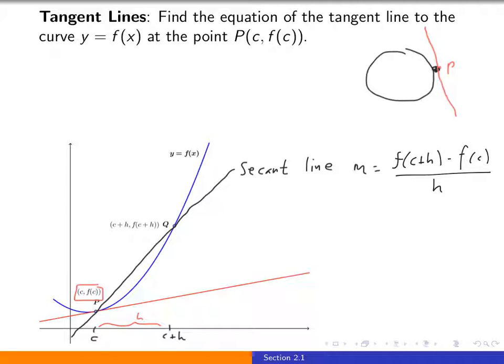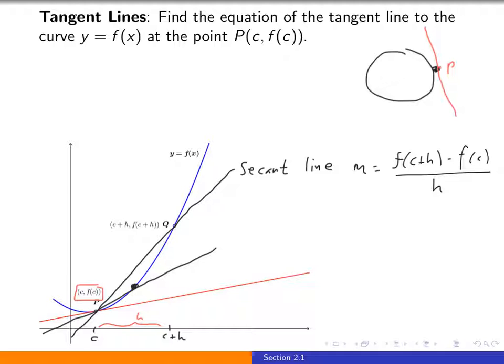Now, the key observation to make is that we want to envision this Q as being a point that we can move. As we take this point Q and slide it along the curve towards P, for example, if maybe we stopped here for our new point Q, as we keep drawing these secant lines, the observation is that as the point gets closer to P, this secant line is going to closely approximate that tangent line.